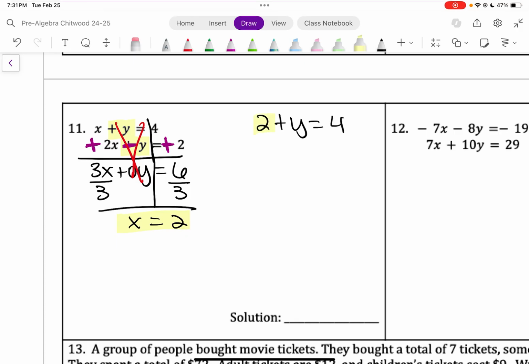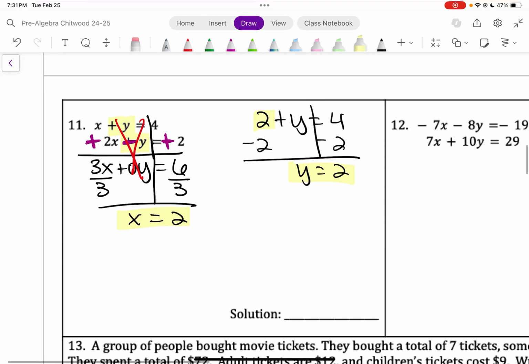Again, we got that from that top equation. Now I'm able to subtract the constant because I want to find what y equals. And then I get y equals 2. So I write that as an ordered pair, 2, 2.